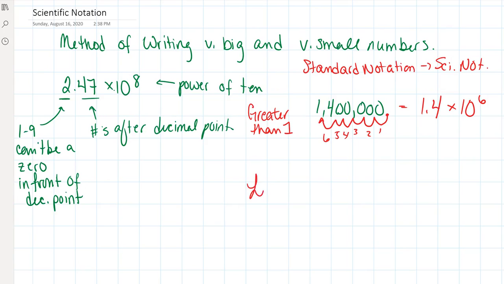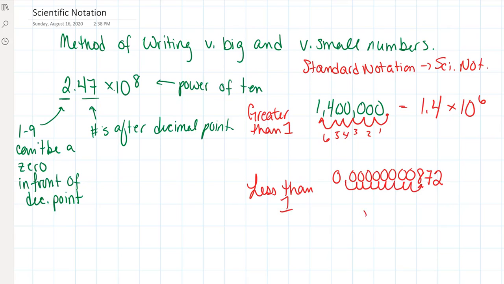And so now I'm going to look at numbers that are less than 1. So for example, something like this. How would I write this standard number in scientific notation? Again, I'd follow the same protocol. When I'm going from left to right, 1, 2, 3, 4, 5, 6, 7, 8, 9.